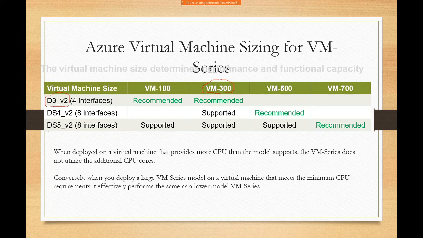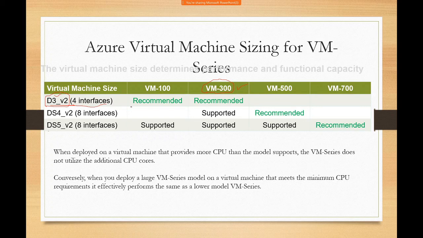The limitation for the D3 v2 is that you can create a maximum of 4 interfaces, but it is recommended to have this D3 v2 virtual machine size for the VM 300. It's clear, guys? This is a very important slide from the deployment perspective. If you select the wrong virtual machine, your deployment will fail and you have to stop the virtual machine and then resize the device. I can explain how to resize it as well.